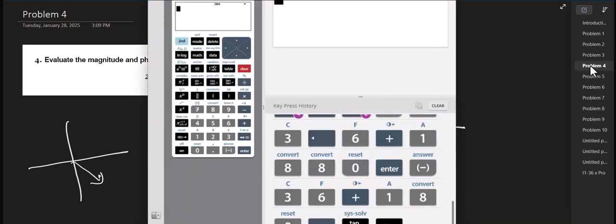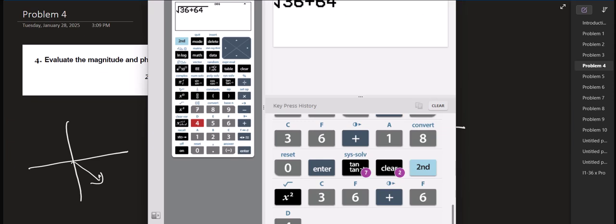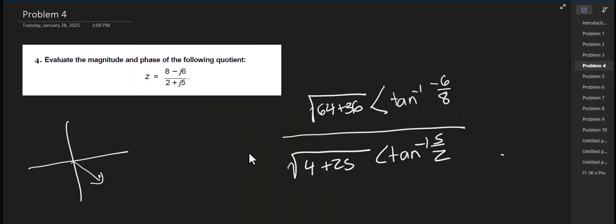So square root of 36 plus 64 is 10. Oh, I knew that.